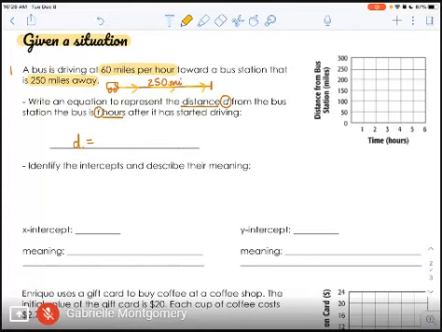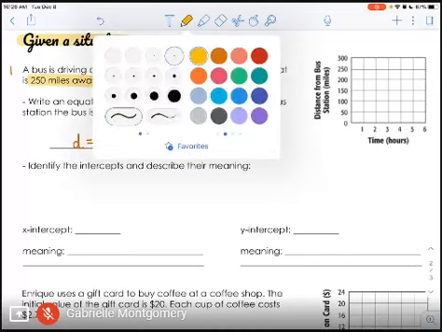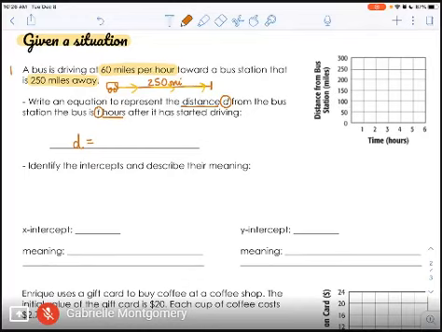The bus is getting closer and closer. So that 250 miles is my initial distance that I have to travel; as the bus moves, that distance is getting smaller and smaller. But at first, I've got to go 250 miles. So at the starting point, D equals 250.